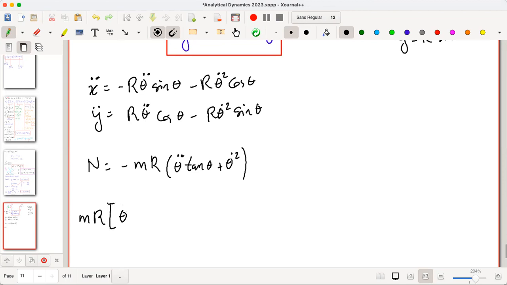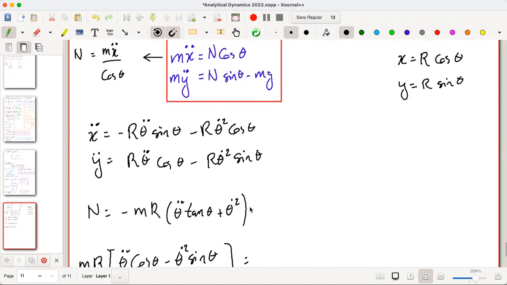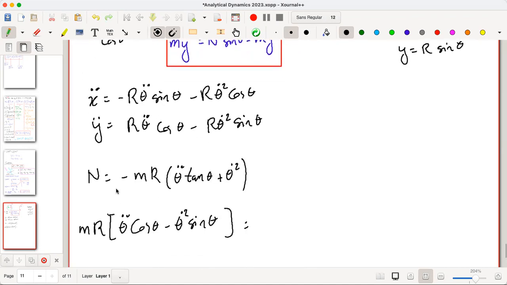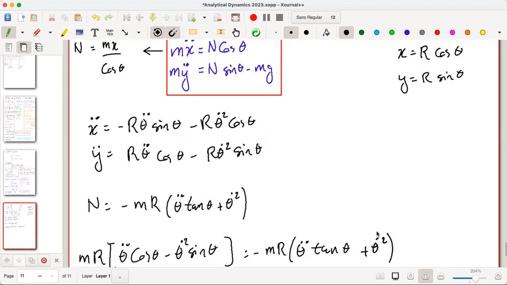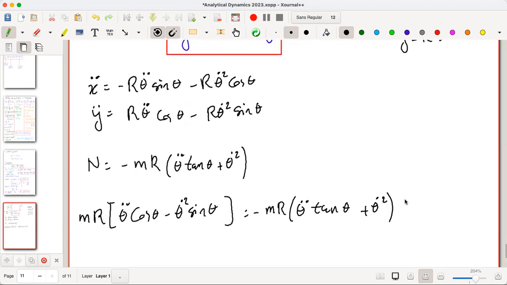Here I have theta double dot cosine theta minus theta dot squared sine theta. This is equal to n times sine theta, but n is here, so this is minus mr theta double dot tangent theta plus theta dot squared, minus mg.